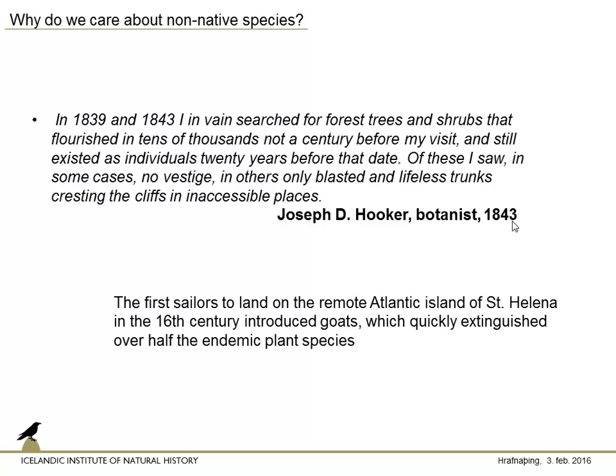Of this I saw in some cases no vestige, in others only blasted and lifeless trunks cresting the cliffs in inaccessible places. What was the cause of this damage? The damage was caused by goats that were introduced in the 16th century by the first sailors that came to this remote island of St. Helena.